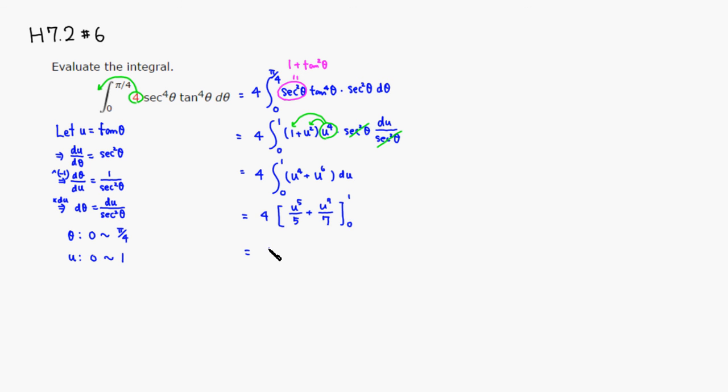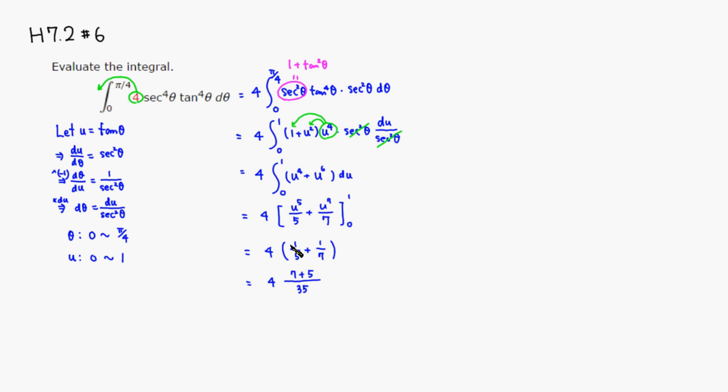Then you plug in 1, you get 1 over 5 plus 1 over 7. And if you plug in 0, it's all 0. 0 to the 5th is 0, 0 to the 7th is 0, so this is all we get. Then we can take the common denominator. 5 times 7 is 35, so we multiply by 7 and multiply by 5.